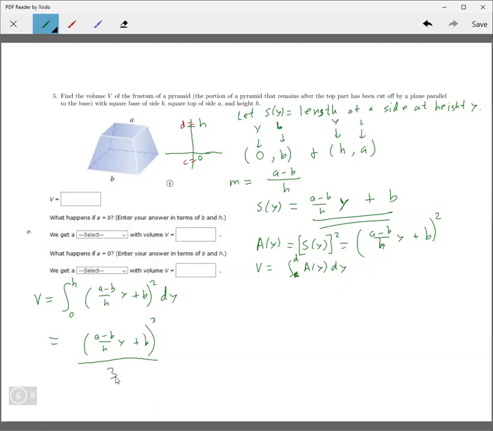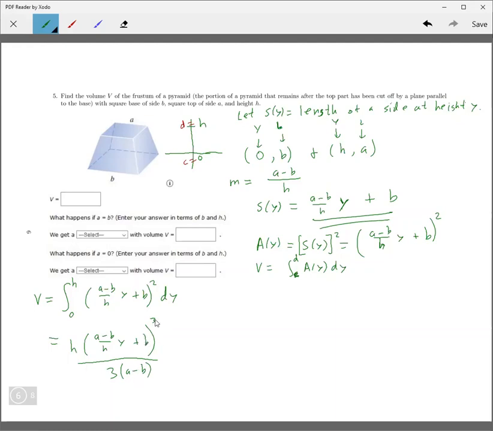That 3 is ready to meet it and cancel it out. This will reduce to 2. Okay, so we'll have all of this squared. Now, you take the derivative of the inside, which is a minus b over h. So we're going to put an h over a minus b to counter that, plus 0.